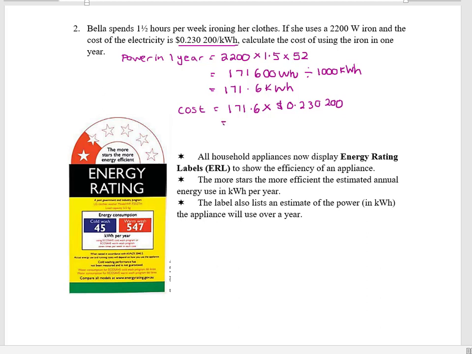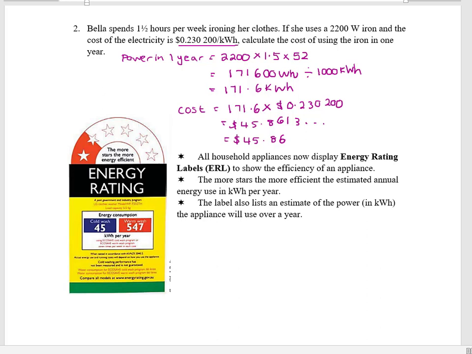And when I work that out, my calculator says it's 45.8613 and so on. And we all know that money needs to be to 2 decimal places. So that's $45.86.